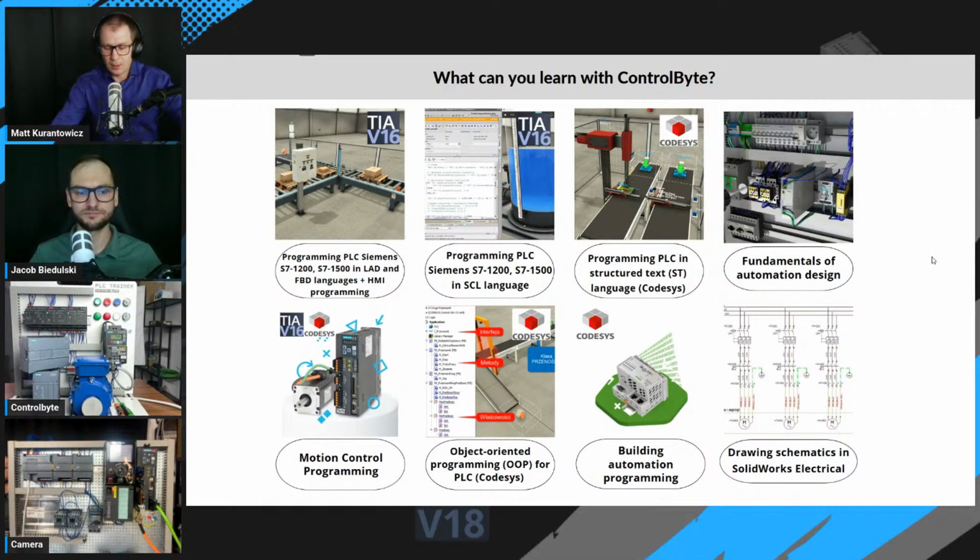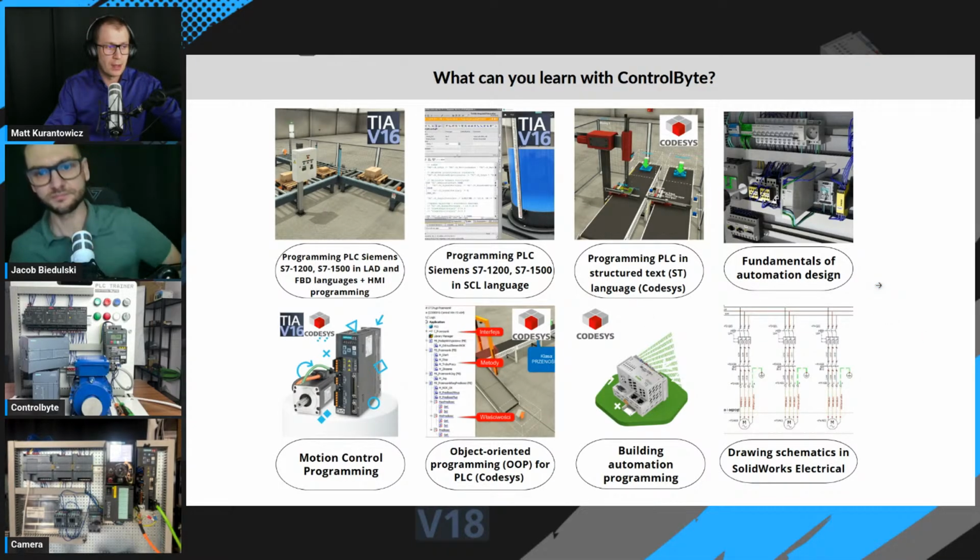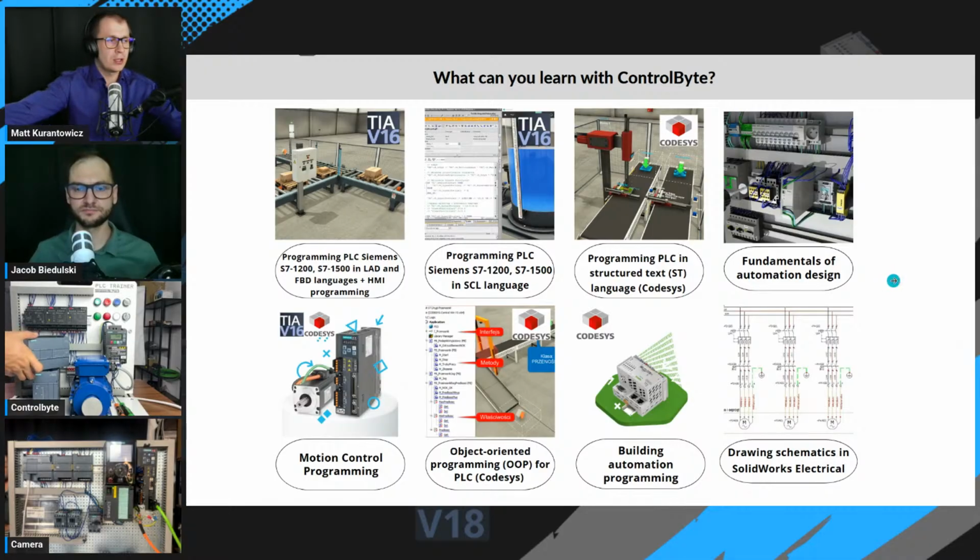And today we encourage you to join the first course, which is Programming PLC Siemens S7-1200 in ladder logic and HMI programming. What's more, we have structured text programming courses as well. But for a start, we recommend you use this hardware.